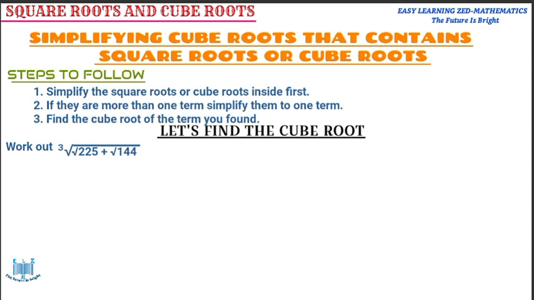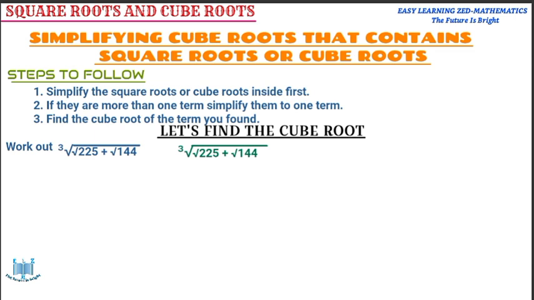I'm going to write it here. Then I'll follow the first step, which says simplify the square roots or cube roots inside first. So I'm going to deal with the square roots inside.